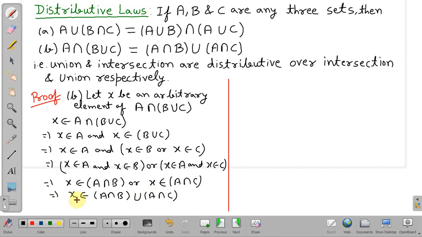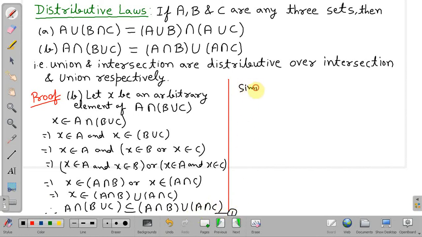So if you notice here, we started by assuming that x is an element of A intersection (B union C), and concluded that x is also an element of (A intersection B) union (A intersection C). So we can conclude that A intersection (B union C) is a subset of (A intersection B) union (A intersection C). Okay, this is our equation 1.